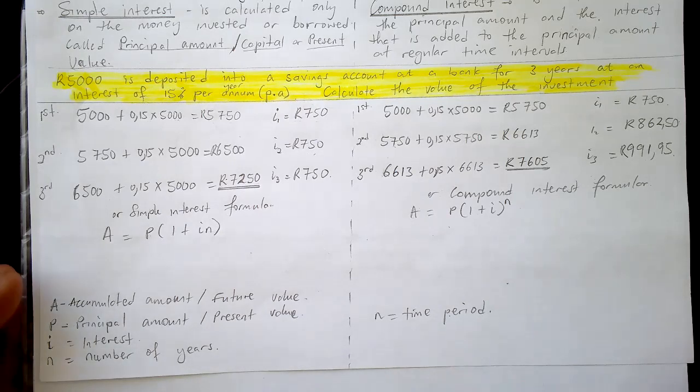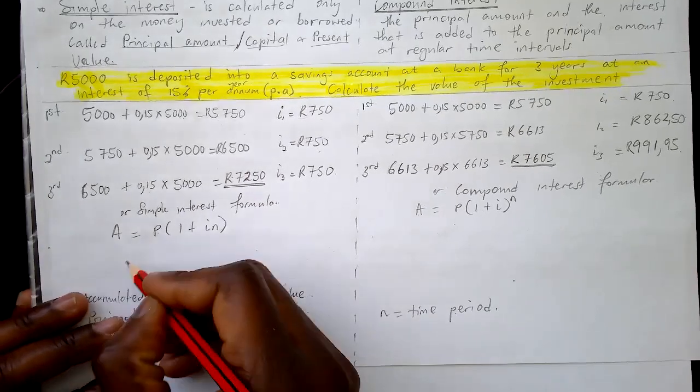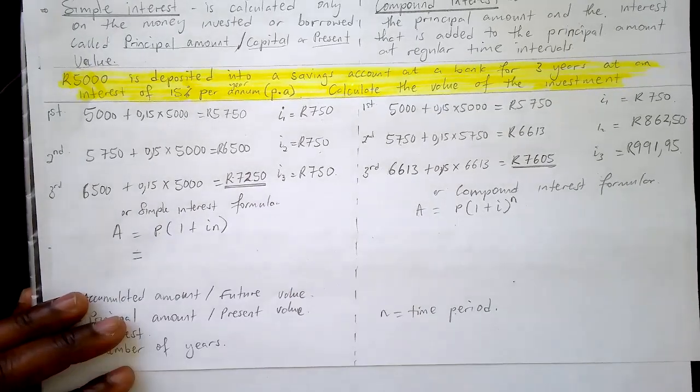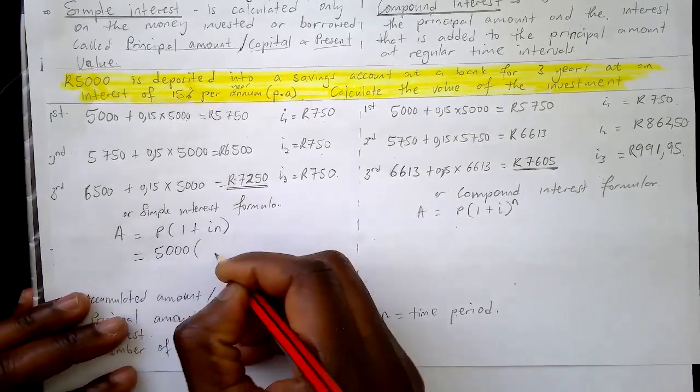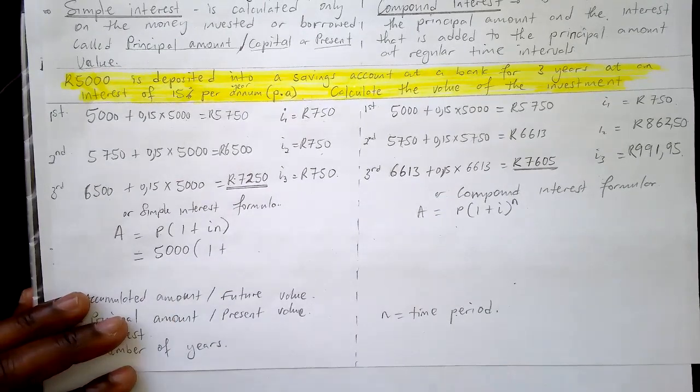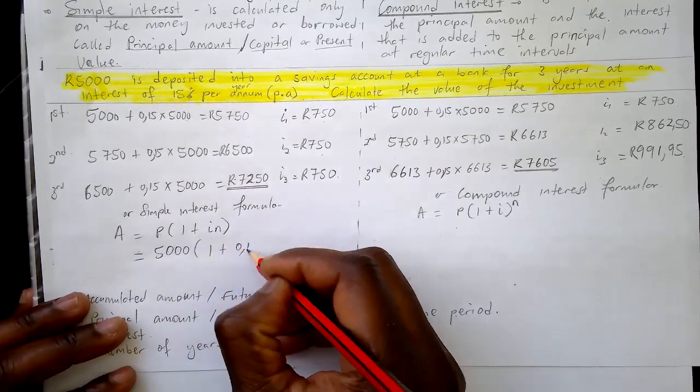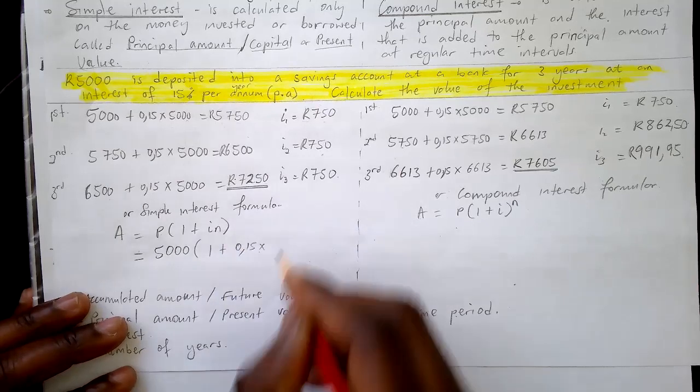Now I want to calculate these values and see if we can still get the same value. A is equal to, what is our P here? P is 5,000. Then 1 plus, what is our I? 0.15, times what is our N? N is 3.